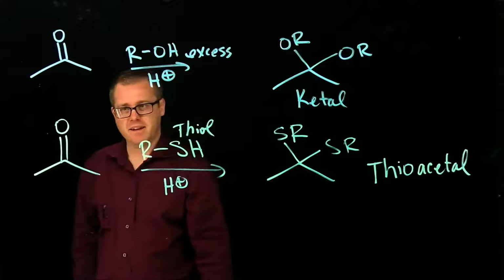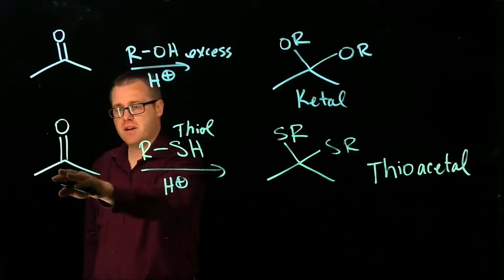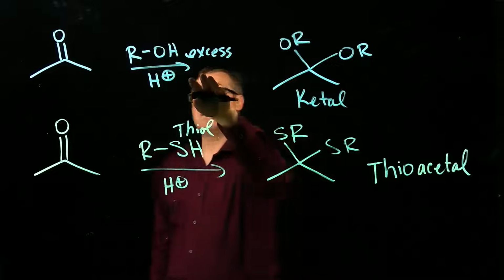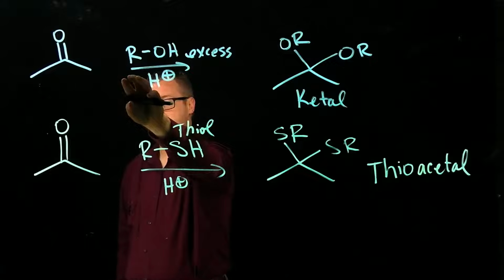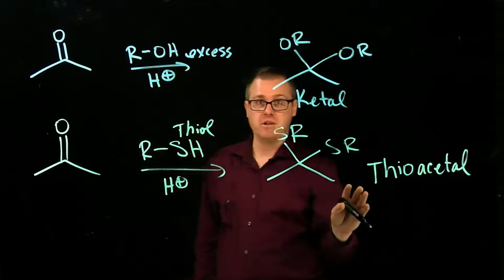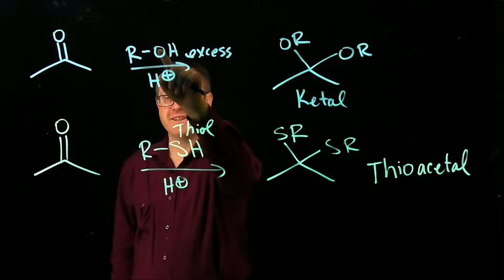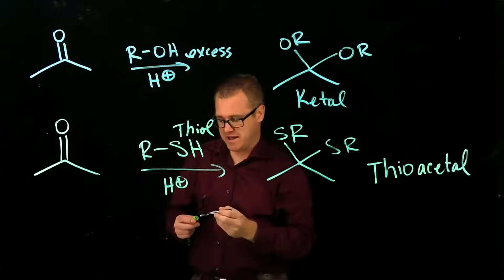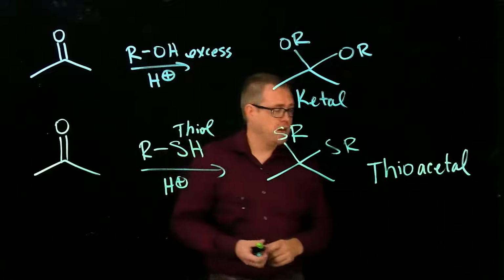So mechanistically, how do you go from the ketone to the thioacetal? The exact same mechanism that you use for this guy. So there's no need for me to show you. You've just taken this oxygen and replaced it with a sulfur. Same exact mechanism.